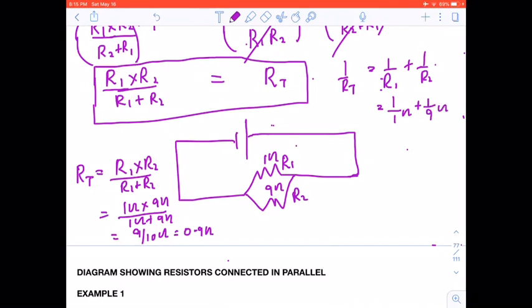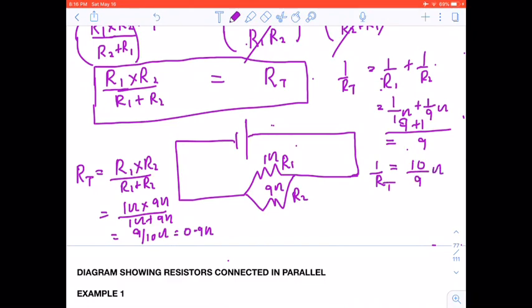Then 9 ohms is my LCM, so 9 ohms plus 1 ohm gives 1 upon RT equal to 10 upon 9 ohms.